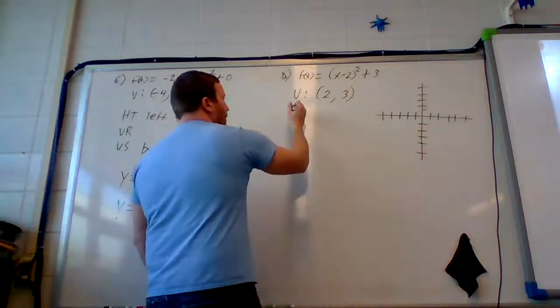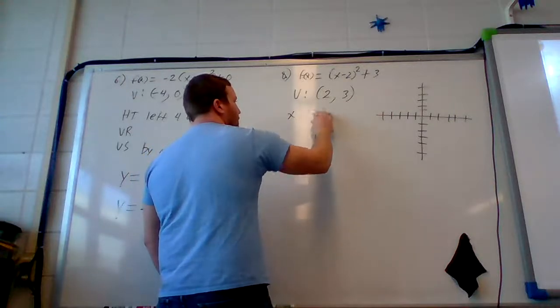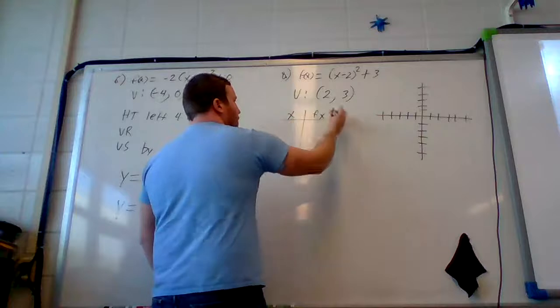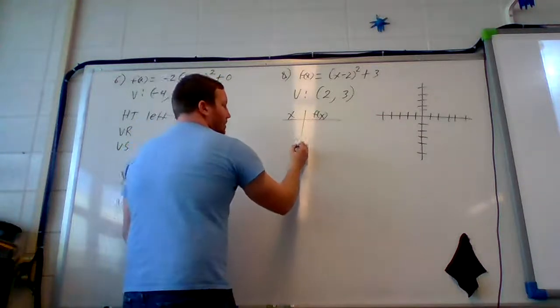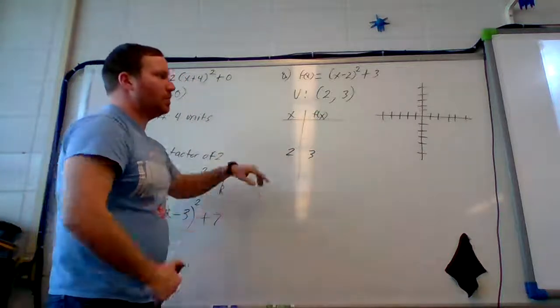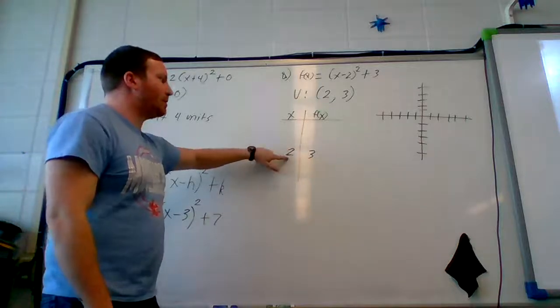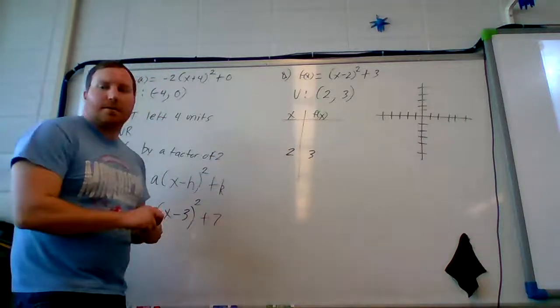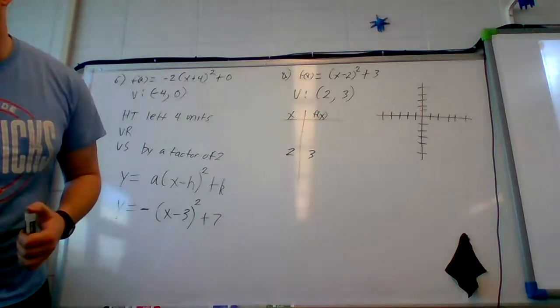And then we have our x and y table. And so we know our vertex is at 2, 3, so that's going to be our center. And then we want to grab 3 points to the left, 3 points to the right of our vertex, which is at 2, 3 again. And so we can do that very easily using our calculator. We want to plug in our equation.